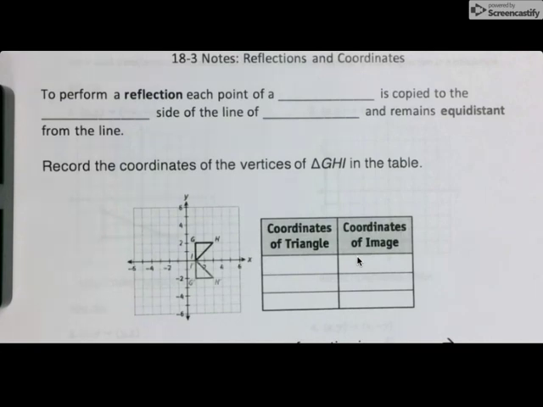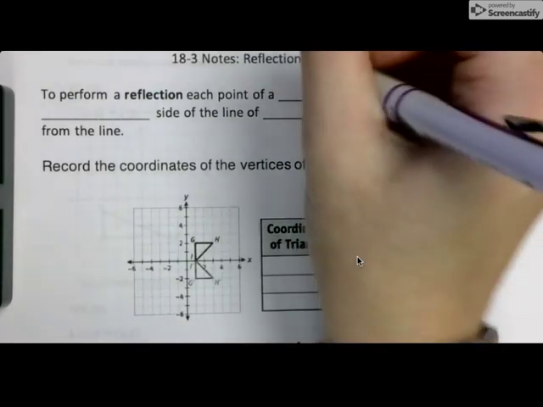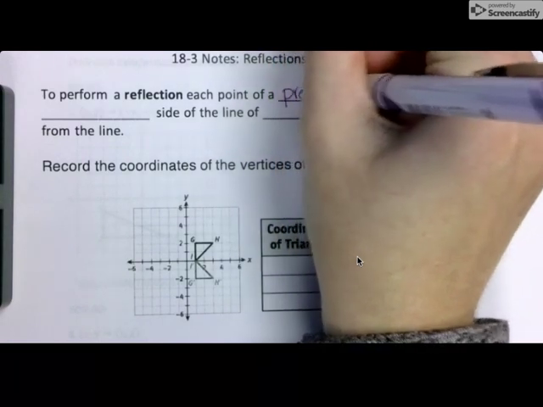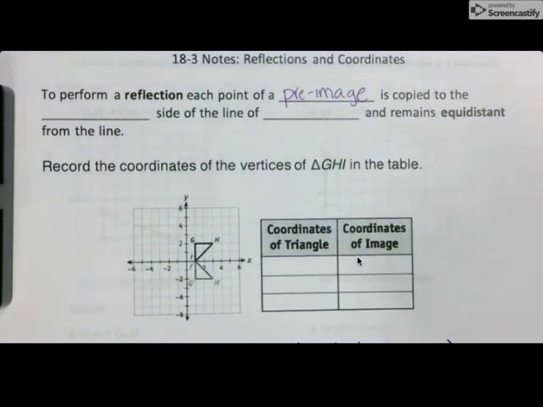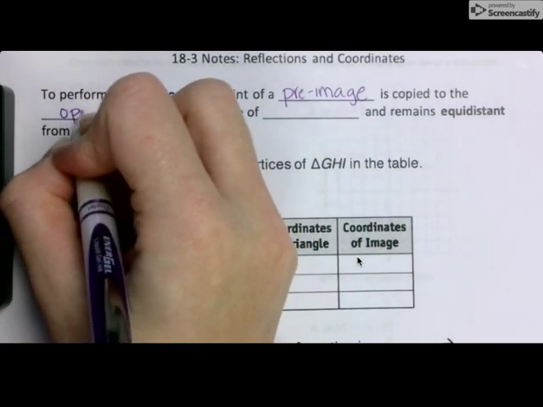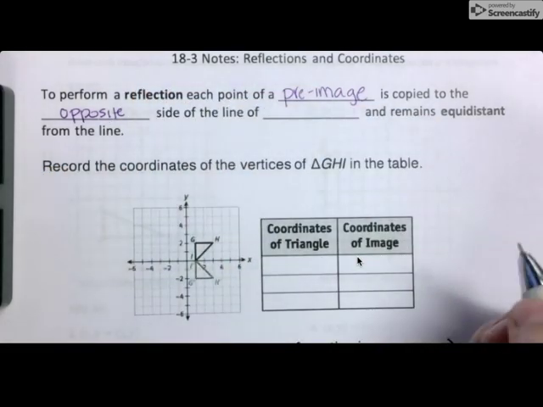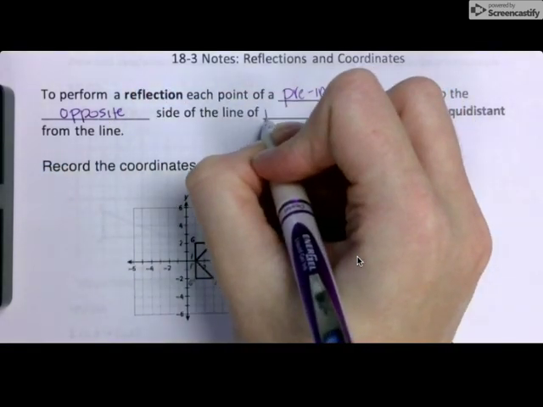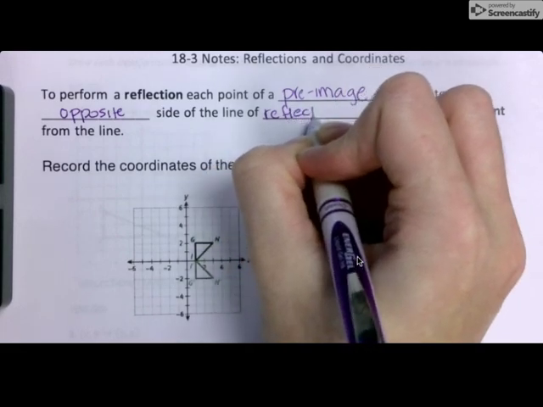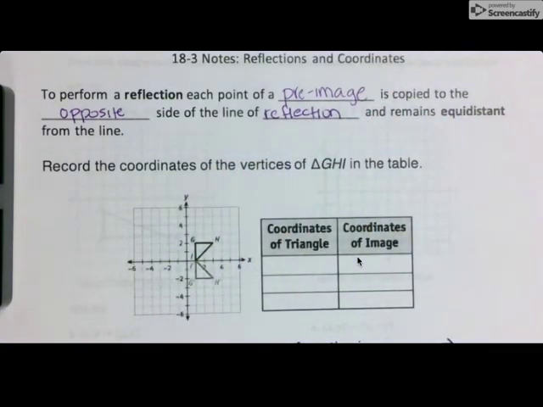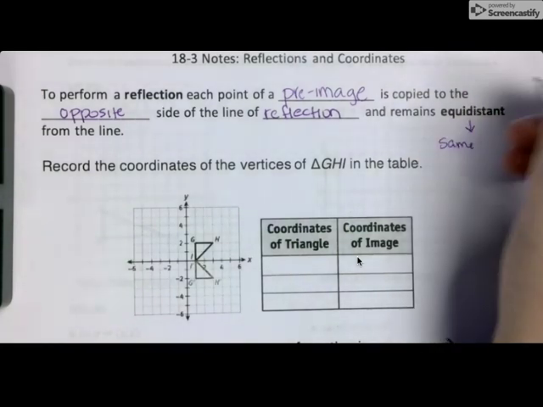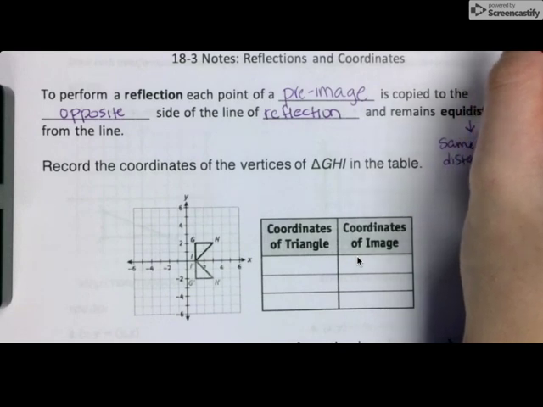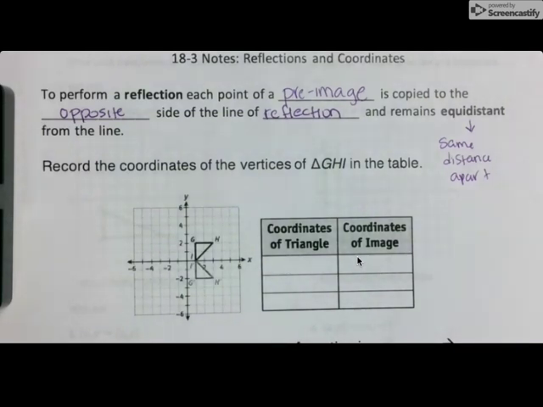So, to perform a reflection, each point of a pre-image, and again, that just means wherever you started, is copied to the opposite side of the line of reflection and remains equidistant, which just means same distance apart, okay, from the line.